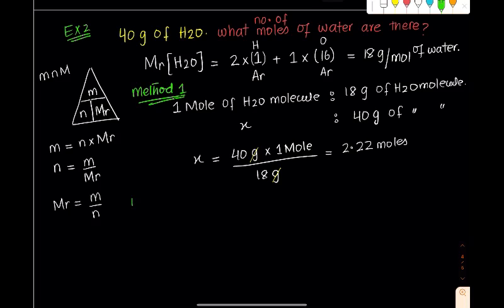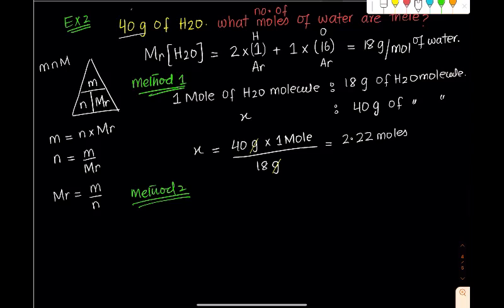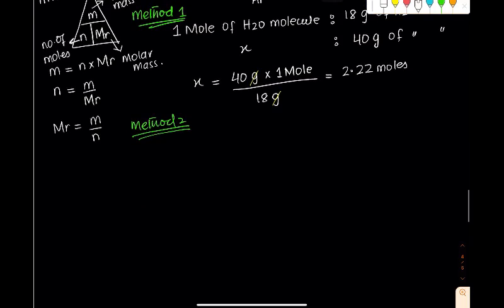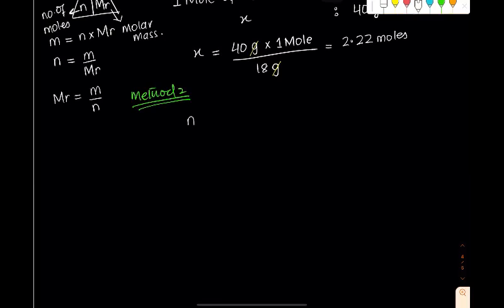Now let's use the formula method. The formula method tells us that this M stands for the given mass, N stands for number of moles, and MR stands for the molar mass, right? So method number 2: number of moles, which is the subject we need to find out, is equal to the given mass divided by the molar mass.